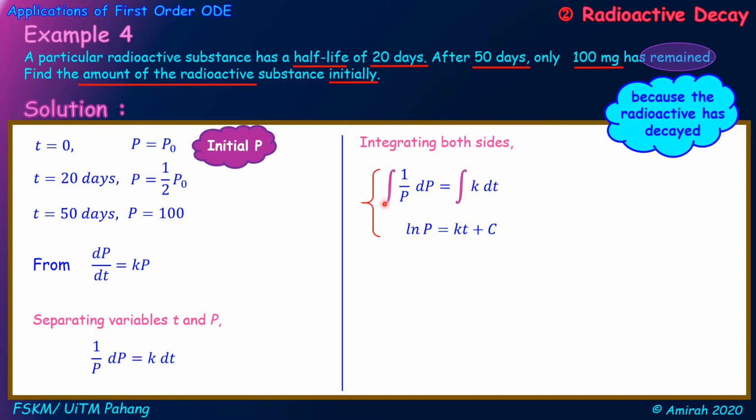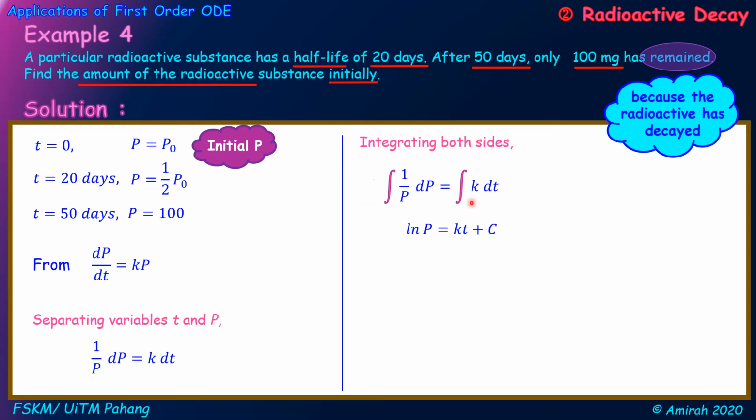To integrate 1 over P dP, we can refer from integration of 1 over x dx. The answer is ln x plus C. So when we integrate 1 over P dP, the answer should be ln P plus C, but we just put plus C only one side.